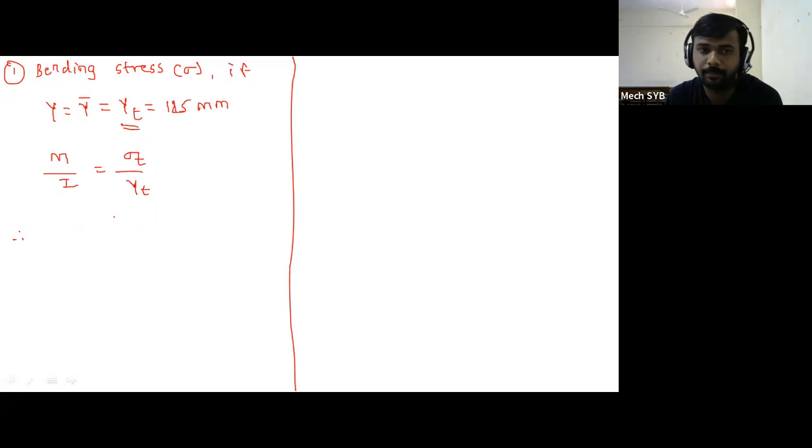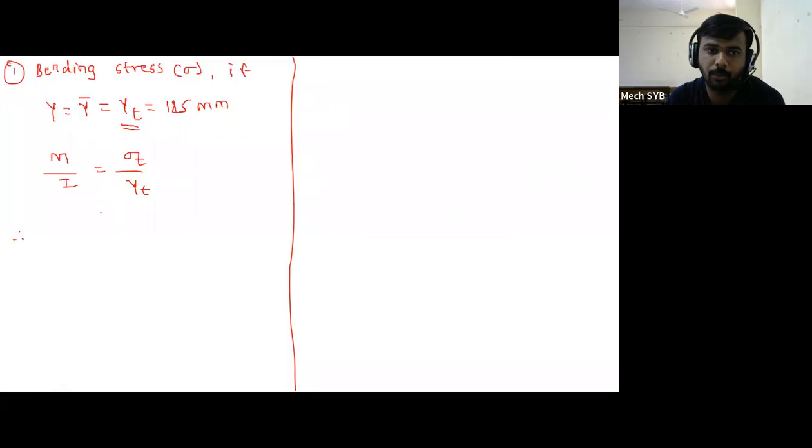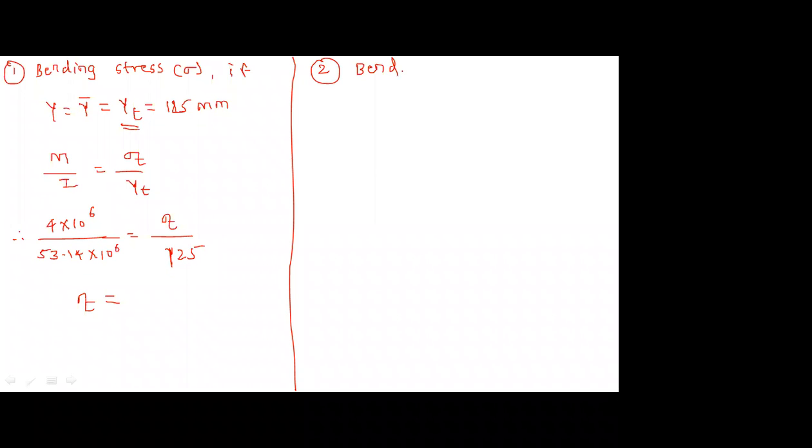What is the value of M given? 4 into 10 raised to 6 divided by 53.14 into 10 raised to 6 is equal to sigma t divided by 125. So sigma t.